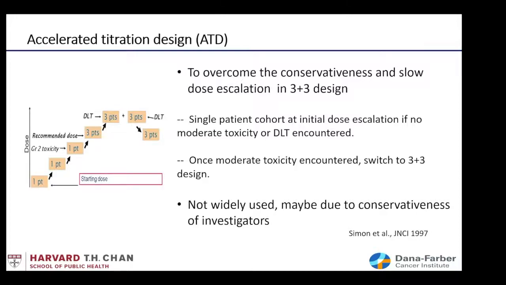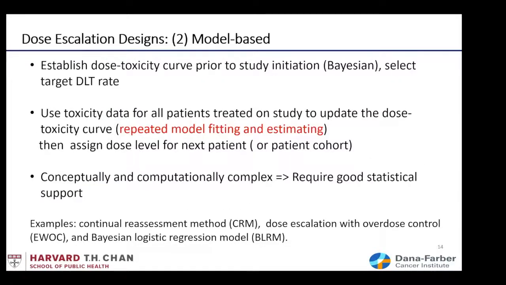Okay, yeah. So the second class is the class that has become popular in late years, although I can check back in the literature 15, 20 years ago, using a model-based approach for dose escalation and de-escalation designs. For this class of design, pretty much all of them first assume or establish a dose toxicity curve prior to study initiation.